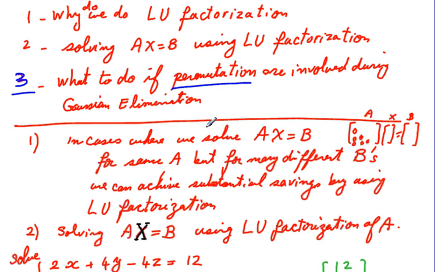You have to shuffle it with a non-zero entry in the column below that pivot number. In practice, even if the pivot number isn't 0, people do go ahead and do shuffling anyway, because that increases the stability of your numerical approach. That's a separate issue.